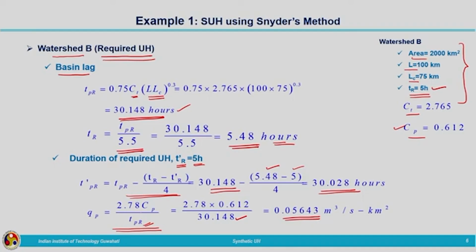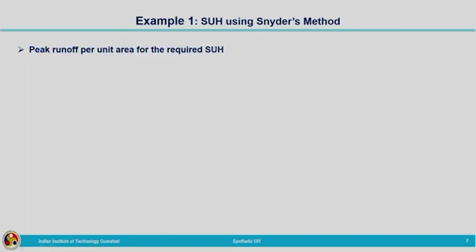So, according to Snyder's formula, I have followed the steps. QP is calculated to be 0.05643. Now, we are going to make use of the formula provided by Snyder for finding the peak runoff per unit area for the required synthetic unit hydrograph. That is QPR is equal to QP TPR by T dash PR.